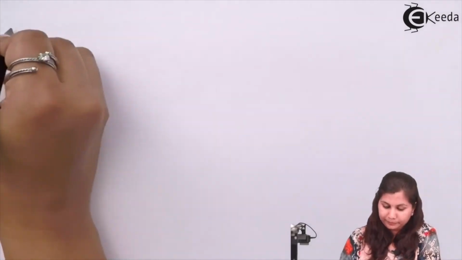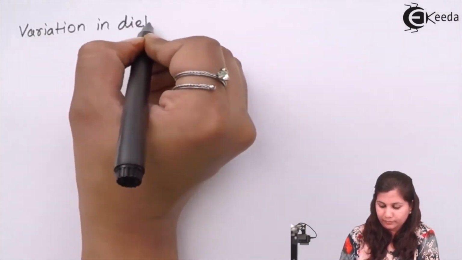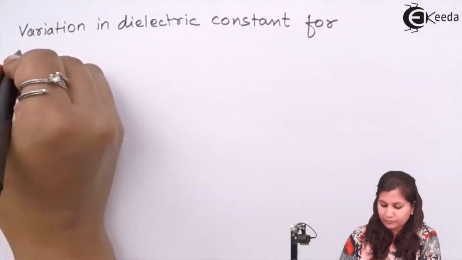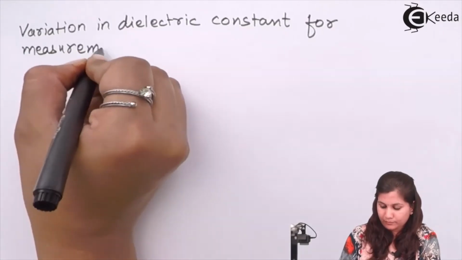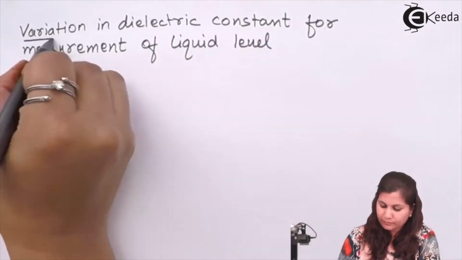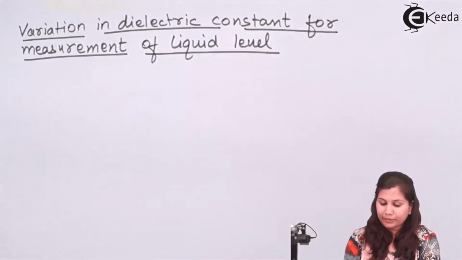Now let us see another capacitive transducer which is using the same principle, variation of dielectric constant, for the measurement of the liquid level. Let us see the arrangement for this.